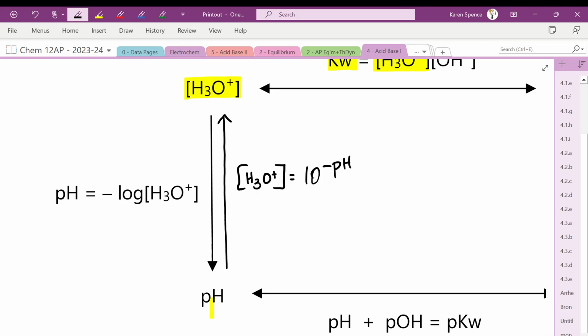So if you're given pH, you can find hydronium by taking 10 to the negative pH. And in a few minutes, we'll actually do that with some numbers that aren't like 1 times 10 to the negative 4, so that you can practice pushing the button on your calculator.